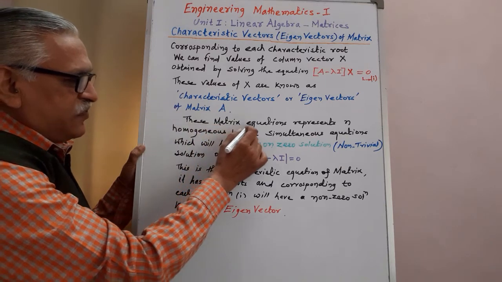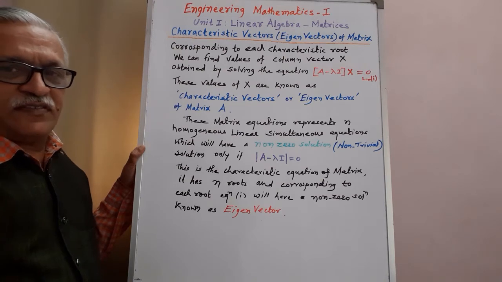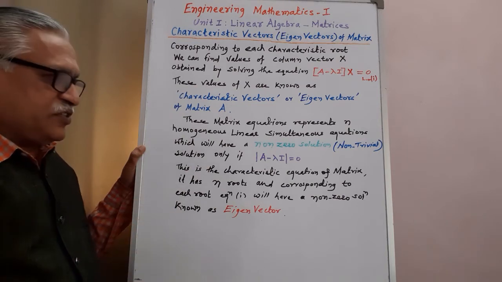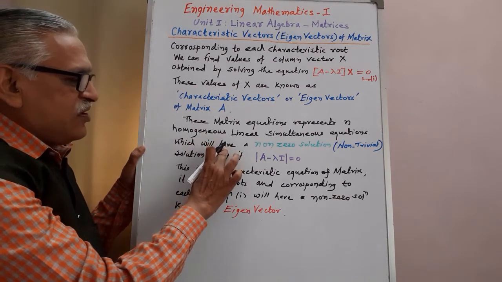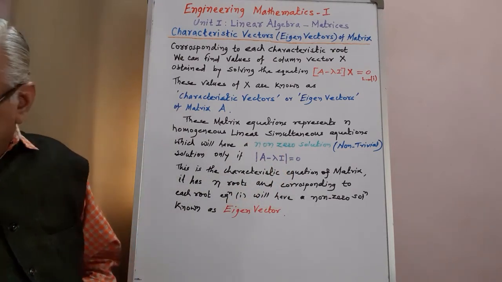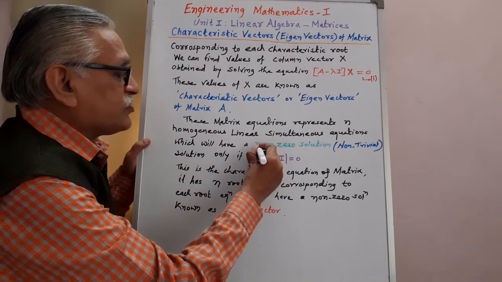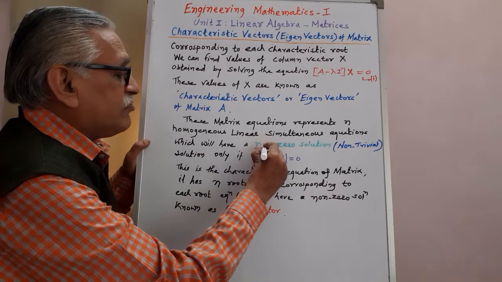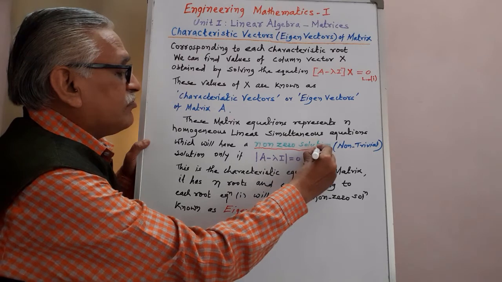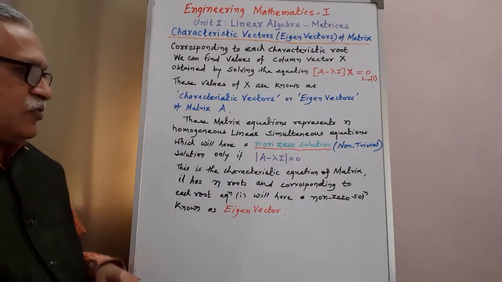This matrix equation represents n homogeneous linear simultaneous equations. Homogeneous means the right hand side of the equation is equal to 0, which will have a non-zero solution. Whatever solution we obtain must be a non-zero solution, that is, a non-trivial solution or infinite number of solutions.